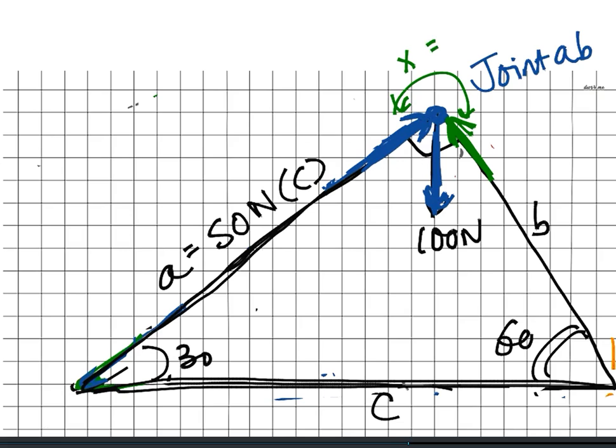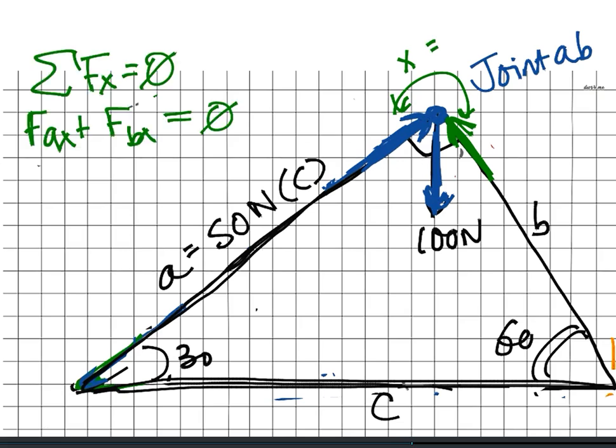That's saying the horizontal forces along X sum to 0. So the sum of the forces along X must equal 0, which means FAX, the horizontal component of FA, plus FBX, the horizontal component of FB, must sum to 0, right? So they face each other.